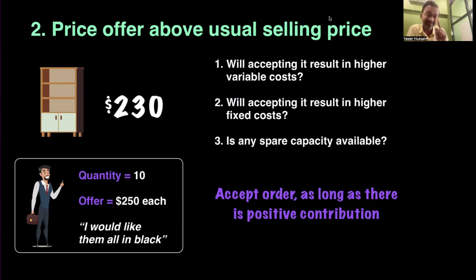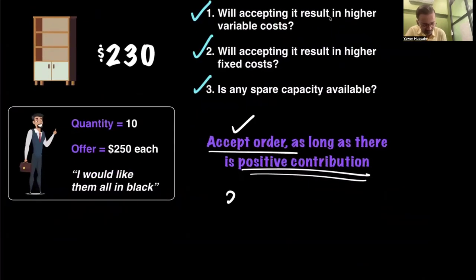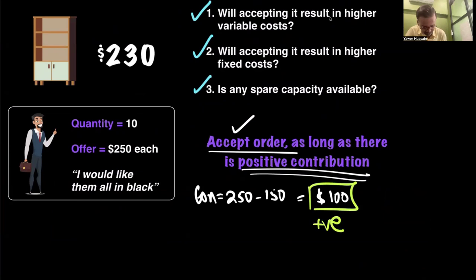The process remains exactly the same. Yes, there will be some increase in variable cost. You may have to rent some places, there'll be a fixed cost. You'll have to see whether we can make these extra 10 units or not. But as long as there is positive contribution, you go ahead and accept the order. And again, in this case, the math becomes easy. 250 minus 150 variable cost means my contribution this time is $100, which means it is positive.